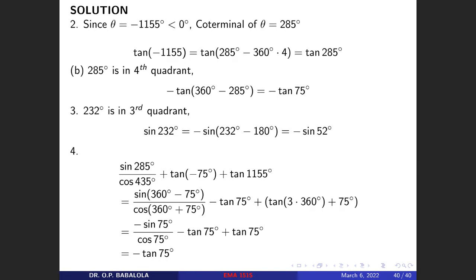The basic thing is, what quadrant does it fall into? This 232 is in the third quadrant, right? Am I right? Please take your time to think about this. Try to understand it.